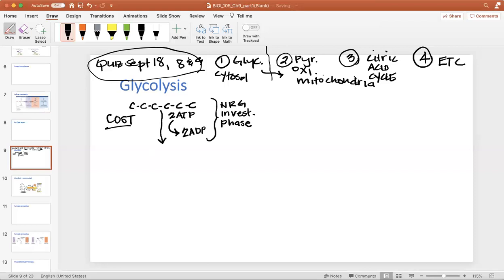So here's what happens. On these 2 ATP, we're going to take 1 phosphate group off of each of them, and we're going to tack it on to the end of the glucose molecule so that you're going to end up with something that looks like this.